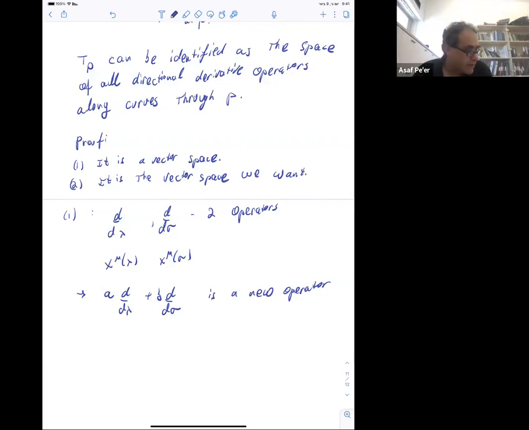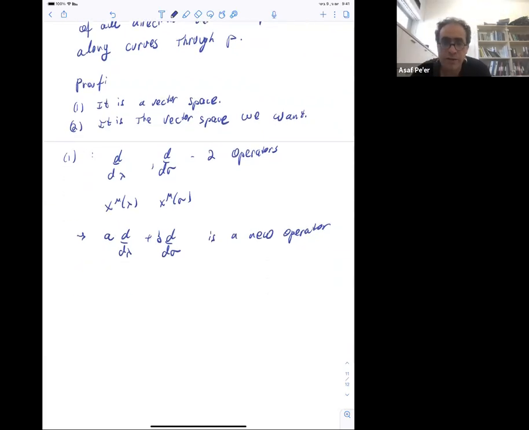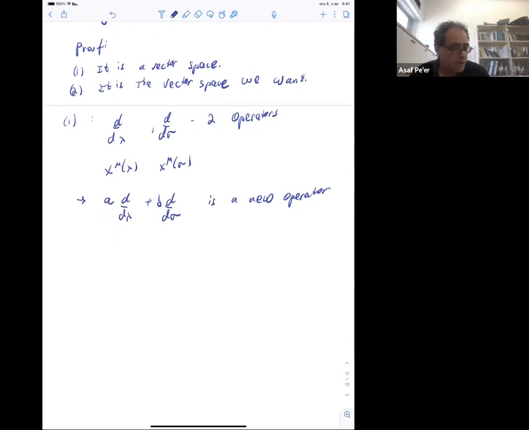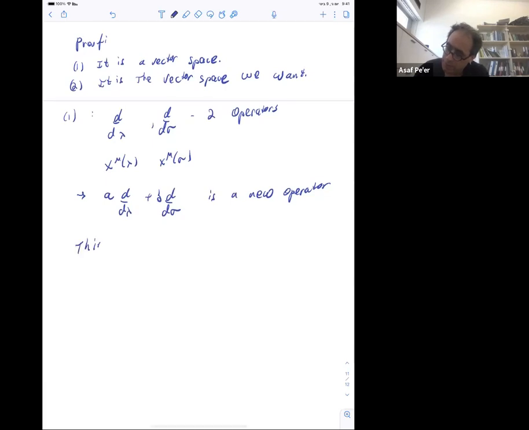But sorry, we still need to check that this vector space closes, namely that this is also a derivative operator, which clearly it is, just by looking at it. The standard way is to look at the derivative operator that works on any functions, and that it has to obey the Leibniz rule. So this vector space closes. Namely, it acts linearly on functions and obeys the product rule.